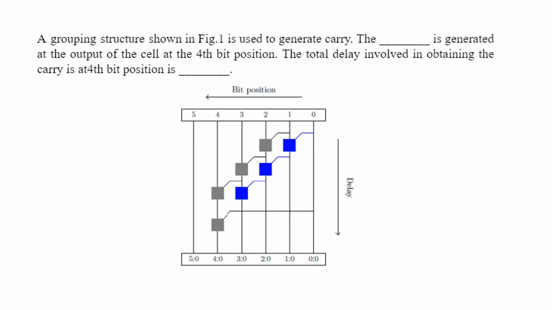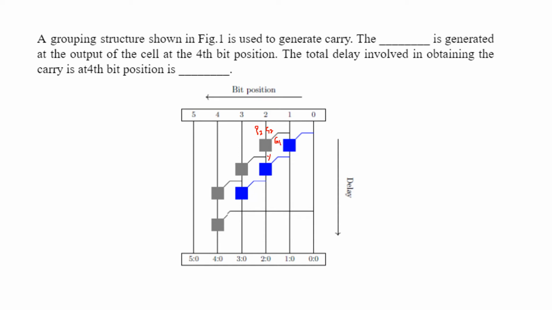So basically, what does a gray cell do? So here, the gray cell takes the input P2, G2 and G1, right? So what will be the output at this position?